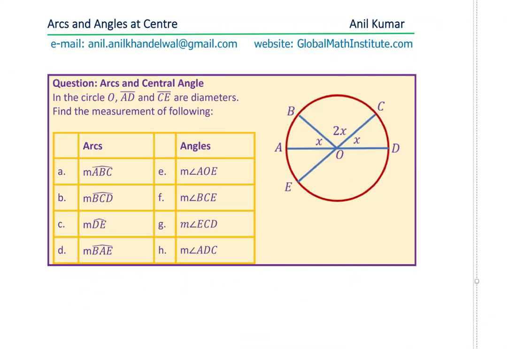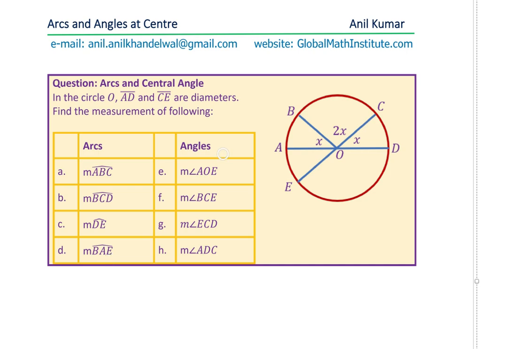Now let us take a question based on arcs and central angle. The question is, in the circle O, AD and CE are diameters. Find the measurement of the following arcs. Measurement of arc ABC, measurement of arc BCD, measurement of arc DE, and measurement of arc BAE.